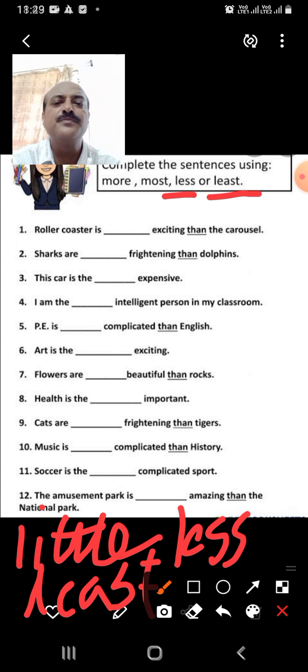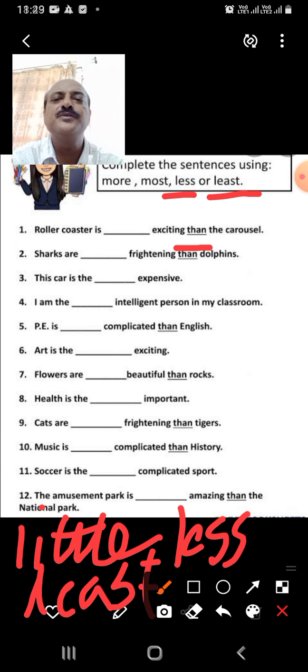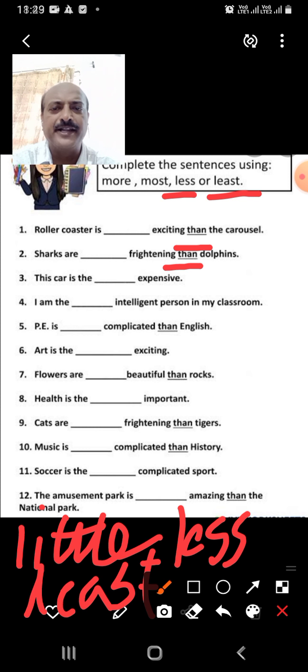Roller coaster is more exciting than the carousel. Now how do we know that we have to use more out here? Because the word out here is than. So like I said, we use than when we make a comparison, when we use the comparative degree. Sharks are more frightening than dolphins. Again than, so more frightening.